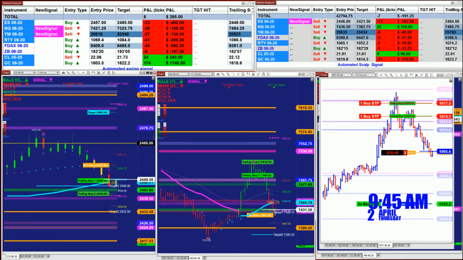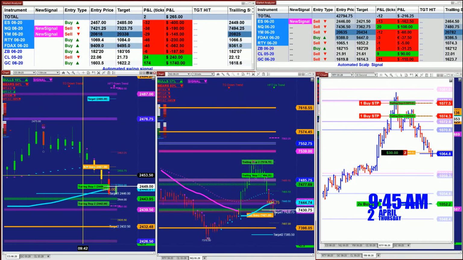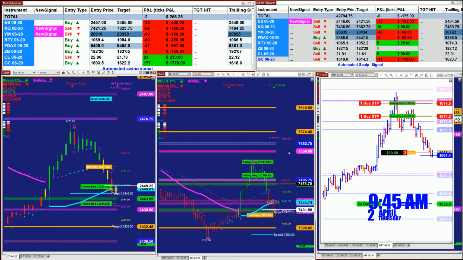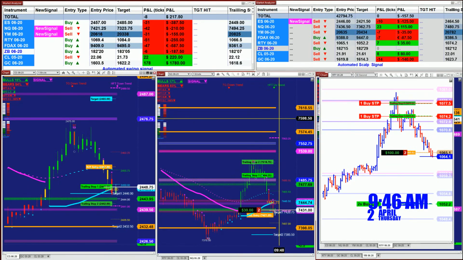Now the market sank into those areas, and this is the biggest question. If we notice right now, the Nasdaq and the YM have changed direction. That's very fine.